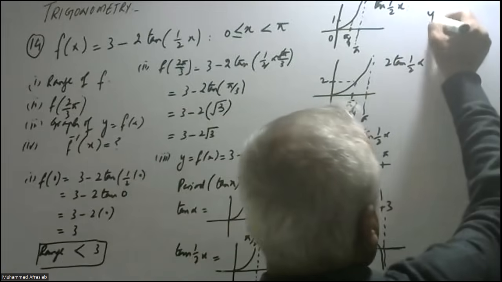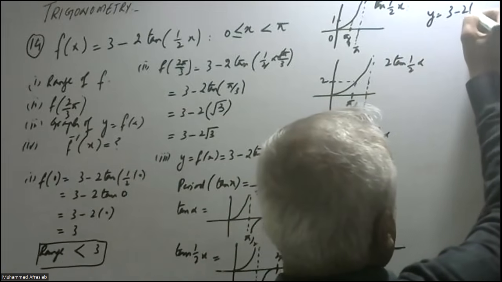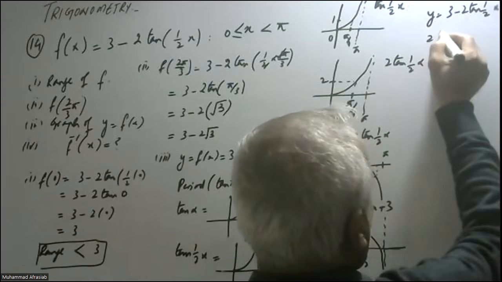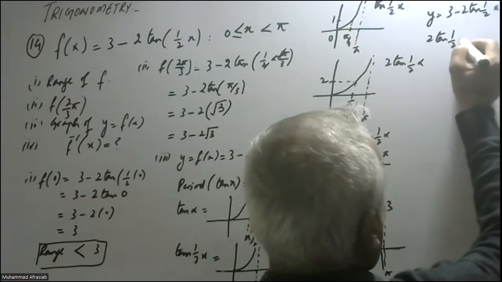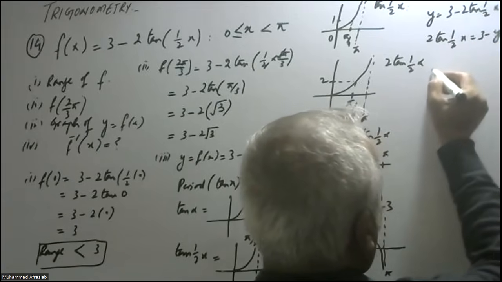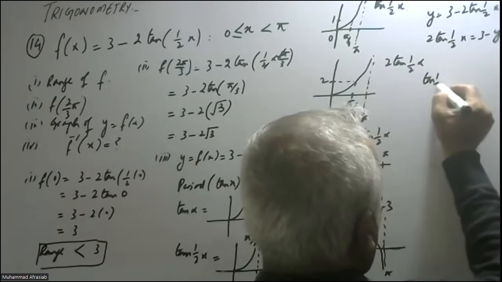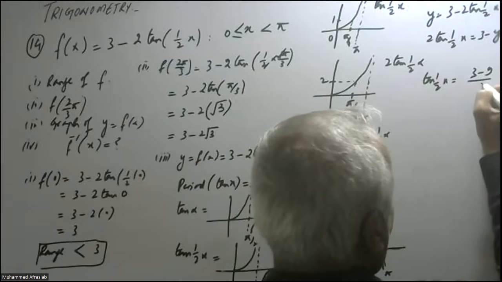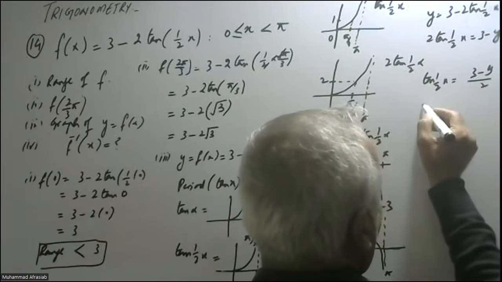So y is equal to 3 minus 2 tangent of half x. Then 2 tangent of half x is equal to 3 minus y. Tangent of half x is equal to 3 minus y over 2.